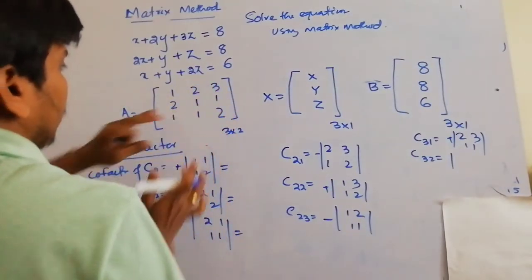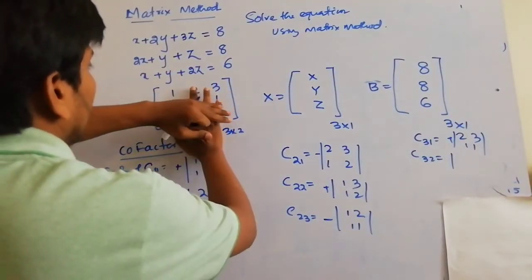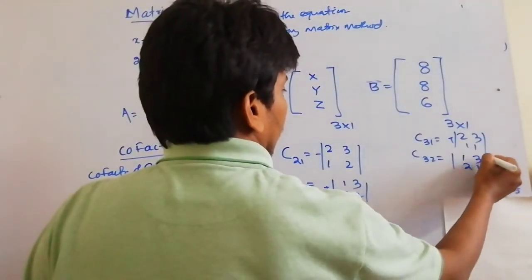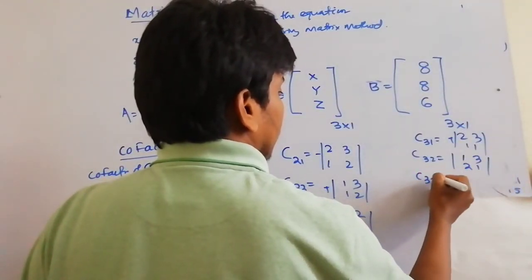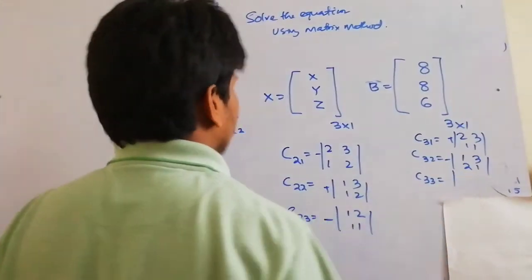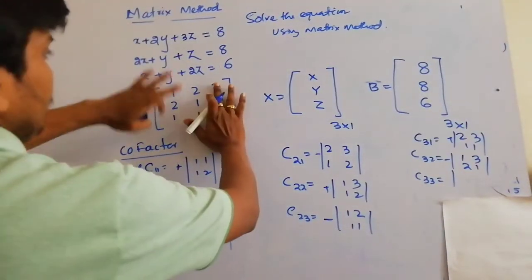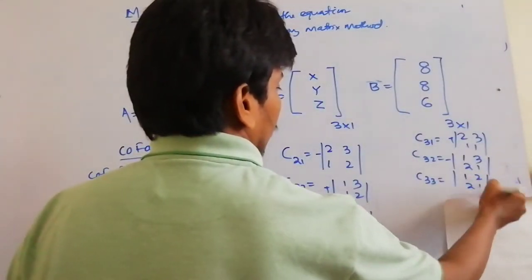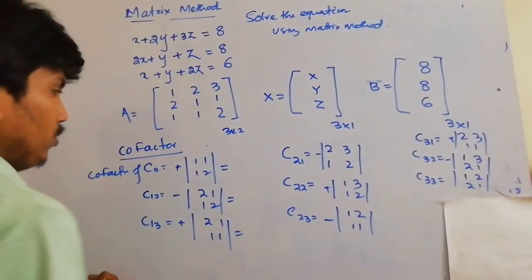For this one, 1 3 2 1, then C33, this one is minus 1 2 2 1. So what is the value?